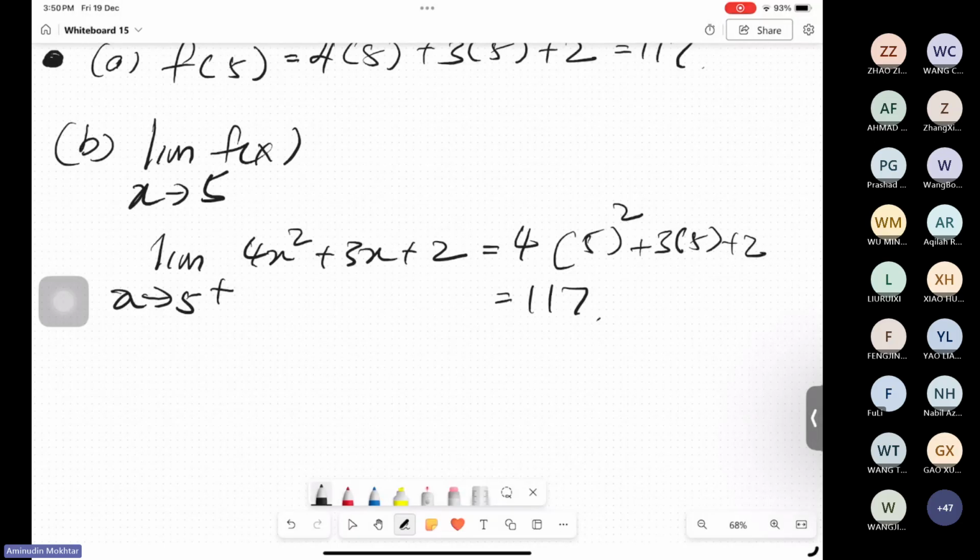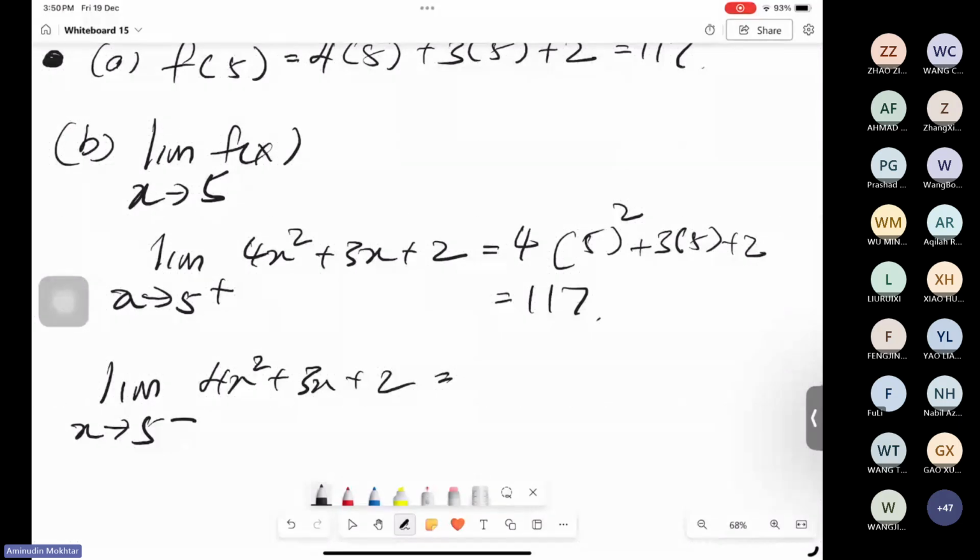Next, we need to check the left-hand limit when x approaches 5 from the left, for the function 4x squared plus 3x plus 2.